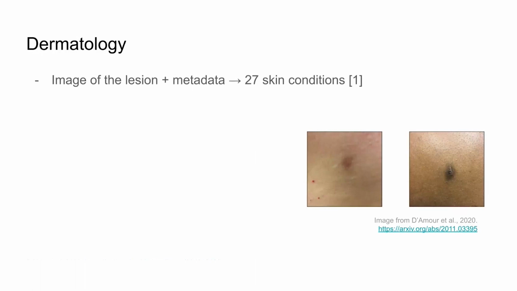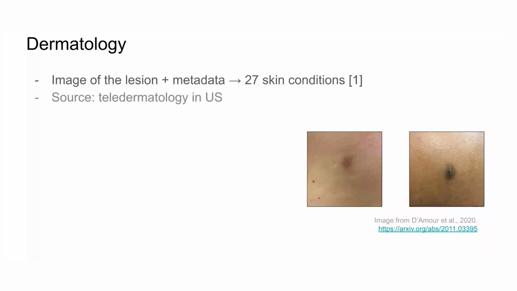It has also, in some cases, other metadata like whether the person has a history of a specific condition or whether the lesion is burning or itching. But again, this is not in all data sets. And so we take that information and we want to predict whether the person has one of 27 skin conditions. That's more like 26 plus everything else, like the long tail of those conditions.